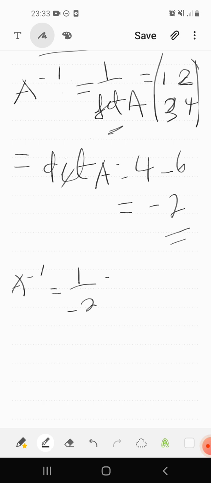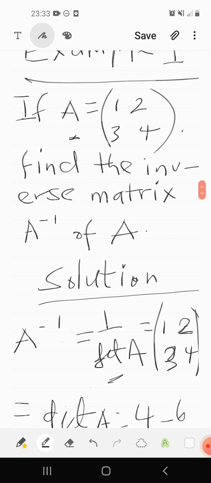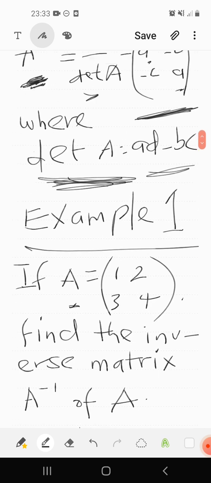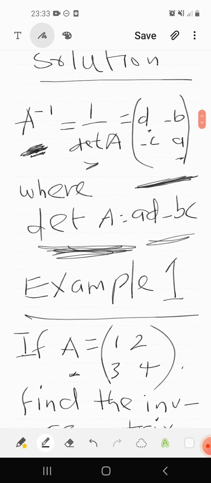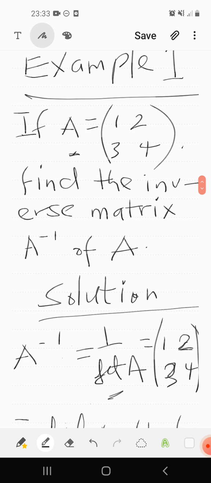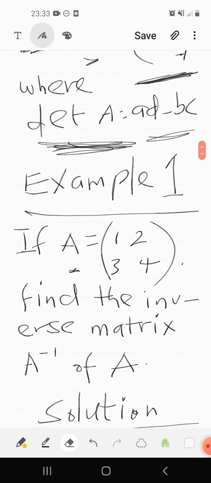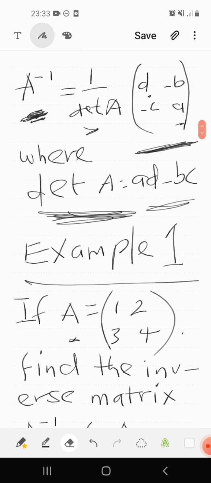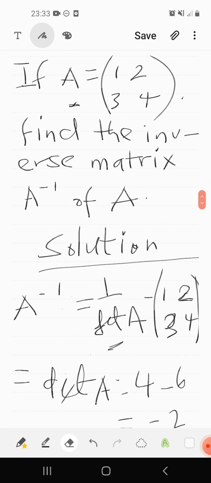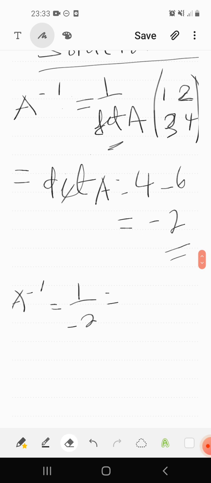It is multiplying, so I will take away the equal sign. The determinant is multiplying the matrix. So we get A inverse is equal to 1 over negative 2 multiplying the matrix.